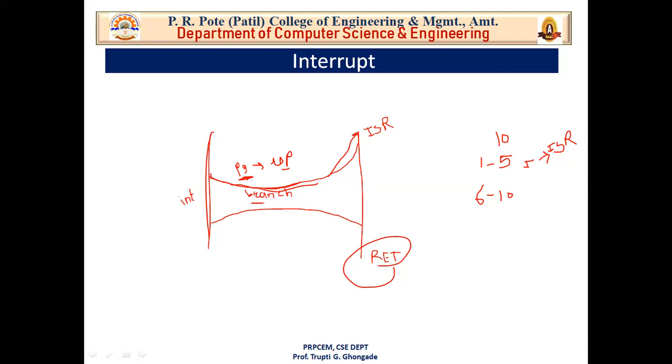Whenever a branch occurs, instead of going to the next instruction, we have to go to the address of the branch instruction. Your program goes in a sequential manner, but when an interrupt occurs, you have to go to the ISR apart from your program. That means a branch occurs. Now your processor has to go to the branch address of an instruction.